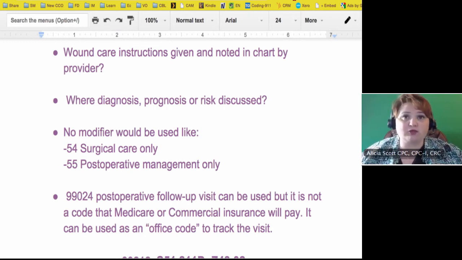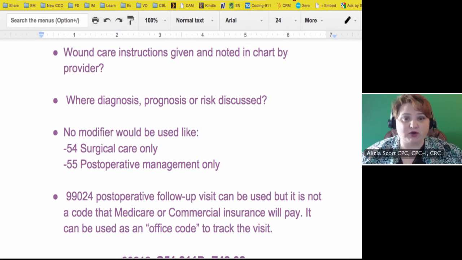Now, keep in mind though that no modifier is going to be used like a 54 or a 55. Those are not used in this situation. 54 is surgical care only, 55 is post-operative management only. So don't get confused. Sometimes in testing they'll throw those in there and they don't apply.